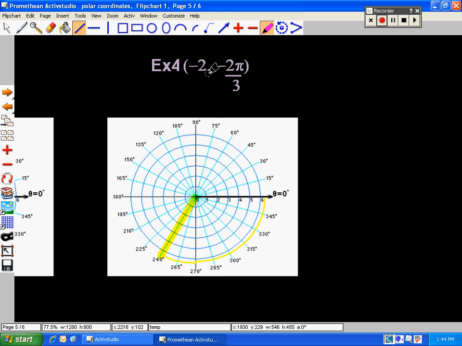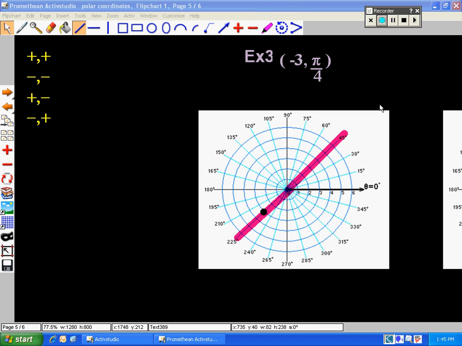But since this is a negative 2, that means we go in the exact opposite direction. That means it's going to be over here in this quadrant. So you start at the pole and go in the opposite direction 2 radii. So my point, negative 2 pi over 3, go to the pole, go in the negative, that means the opposite direction, 1, 2. So there's my ordered pair right there.